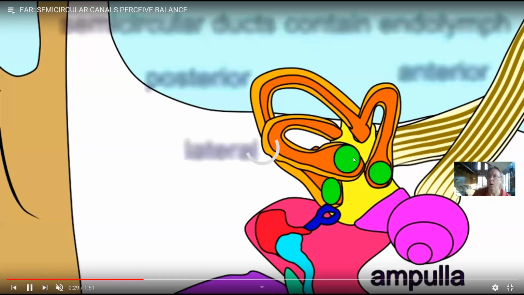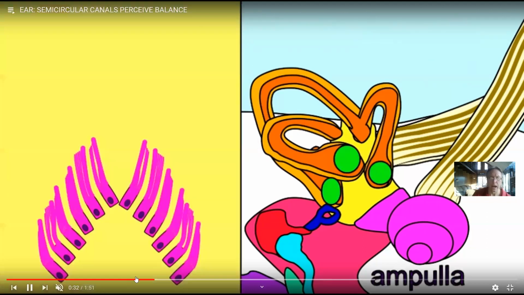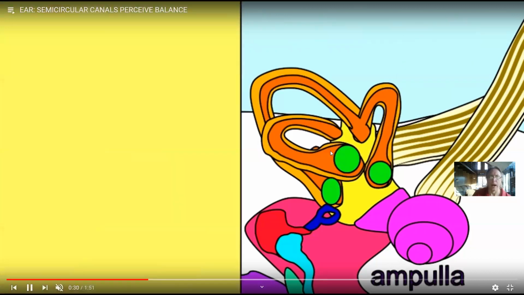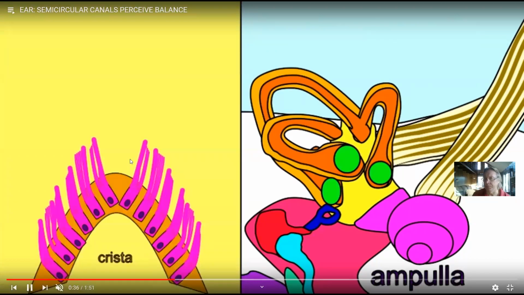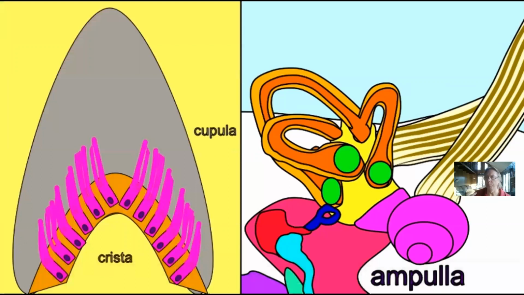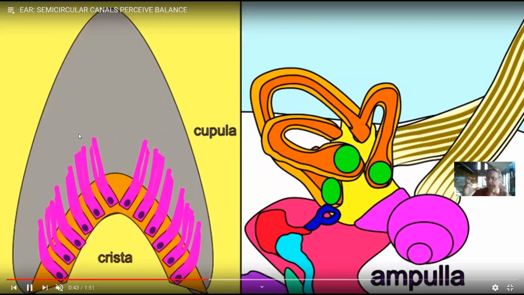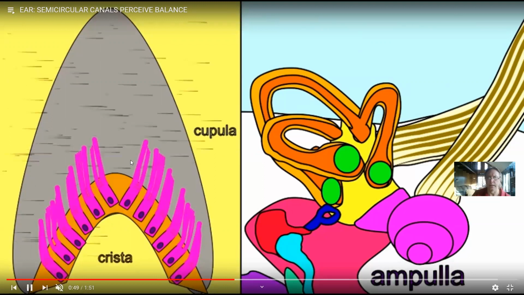And there are thickened regions here, in the ampulla, where we have the hair cells in a gelatinous substance, which is known as the cupula. Okay, and so there's endolymph all around, but there's more of a jelly-like substance in the area where the hair cells are here in green.